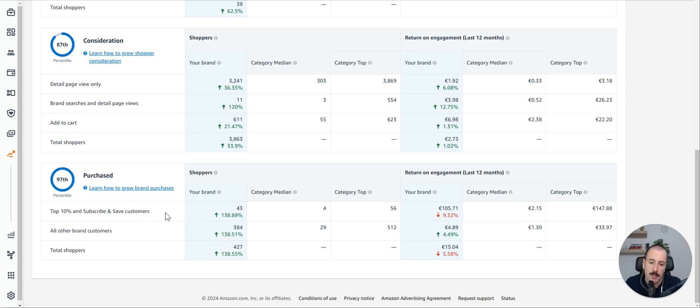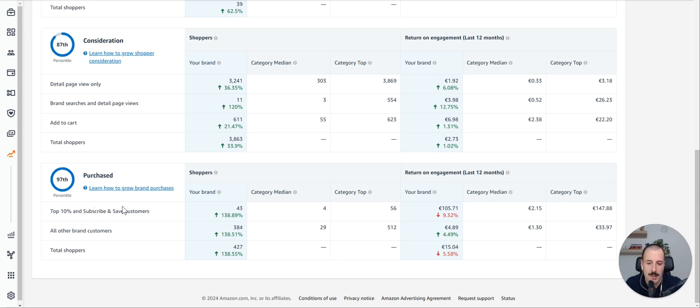Now here it's a little bit confusing for me, because for the kind of products we are advertising for this brand, it doesn't make sense that anybody is going to subscribe and save. It's not a consumable product, it's more giftable, so I doubt that somebody is going to subscribe to constantly have gifts delivered, or maybe they will.